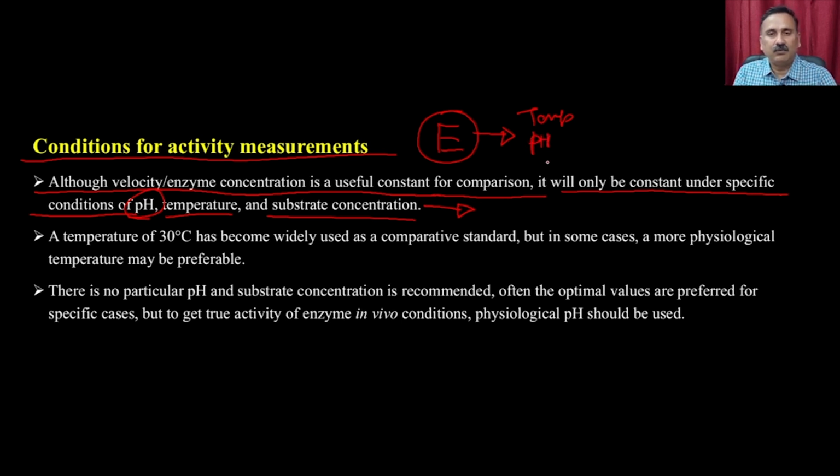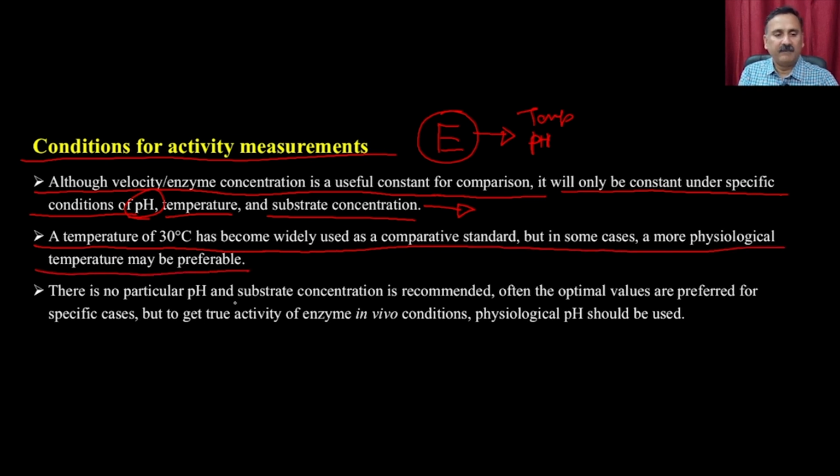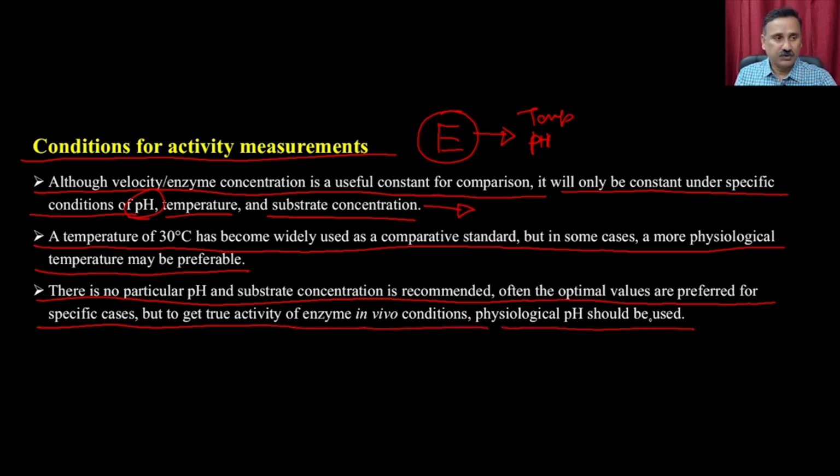Even if you measure activity at a pH where the enzyme is not very active, it's not going to show you the activity. The temperature of 30 degrees Celsius has become widely used as a comparative standard, but in some cases a more physiological temperature may be preferable. There is no particular pH and substrate concentration recommended. Often the optimal values are preferred for the specific case, but to get the activity of the enzyme in vivo, physiological pH should be used.